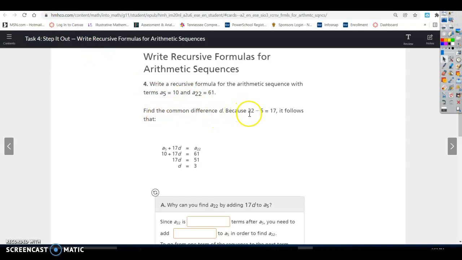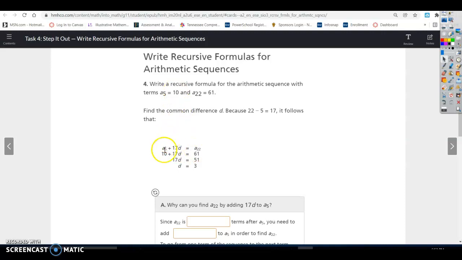So we can subtract 22 minus 5, and we know that there are 17 terms in between our 5th term and our 22nd term. So it follows that our 5th term plus 17d, 17 times our common difference, equals our 22nd term. Now, all you have to do is substitute what you know.